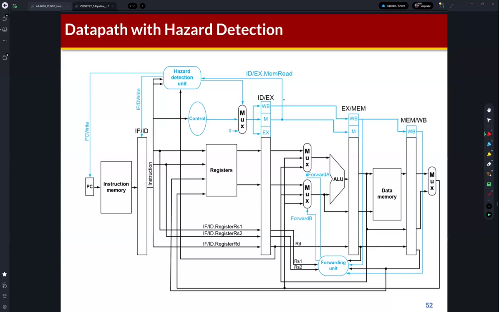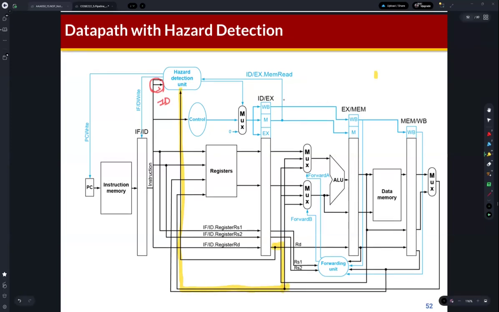The hazard detection unit compares the RS1 and RS2 in the ID stage with the RD in the EX stage, because, as you can see, the RD is delivered from the EX stage, right?